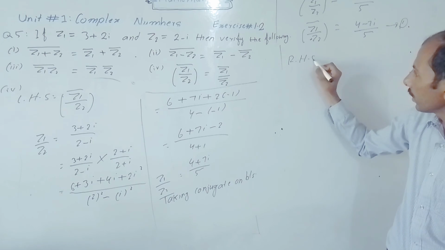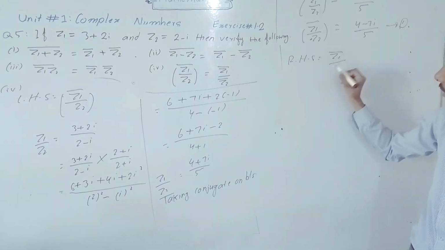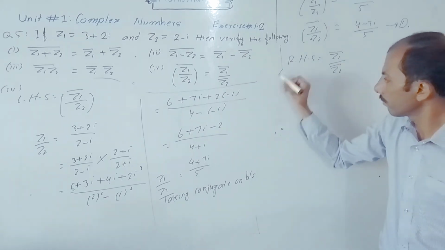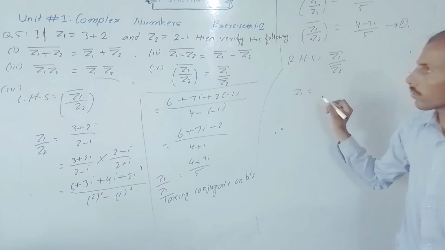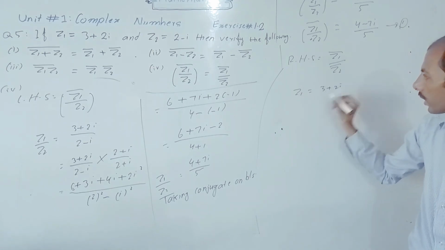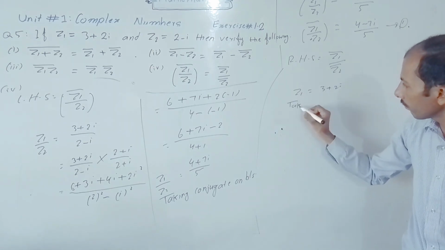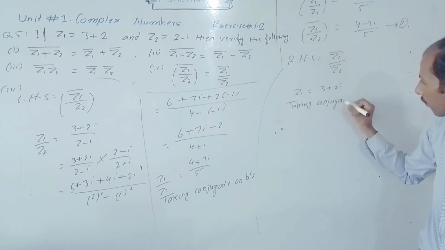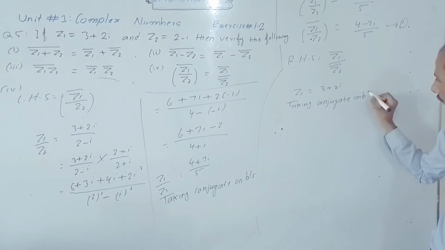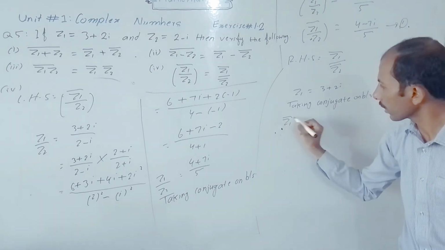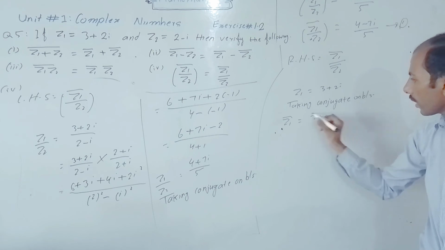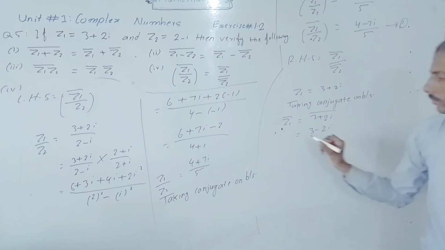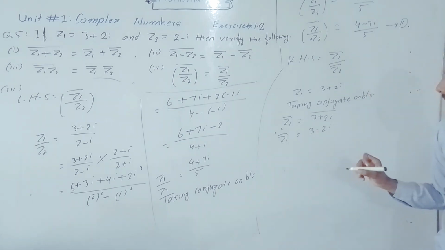Now the right hand side is equal to Z1 conjugate divided by Z2 conjugate. So first, Z1 is equal to 3 plus 2i, taking conjugate on both sides. So Z1 conjugate is equal to (3 plus 2i) conjugate, so 3 minus 2i.